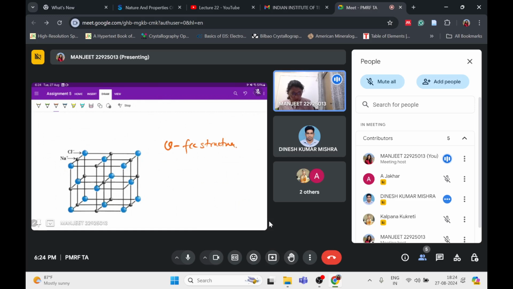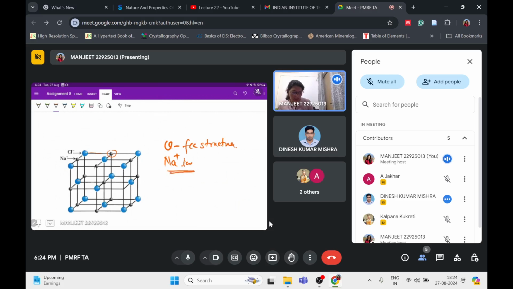Okay, and my Na positive ions are at the edge of this. If I am talking about this edge, it is occupying the edge center of the lattice. Here also edge center, edge center.